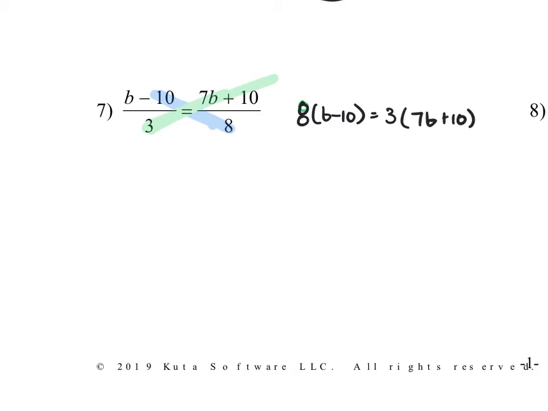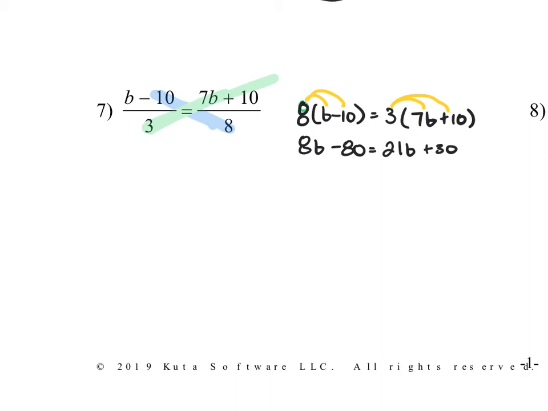All right, now, the only thing that this ends up doing is it means when you distribute, you don't do it to just one side, but you're going to actually do it to both sides. So if you look at the left-hand side, 8 times b becomes 8b. 8 times negative 10 becomes negative 80. Then on the right-hand side, 3 times 7b is 21b, and then 3 times 10 is 30.